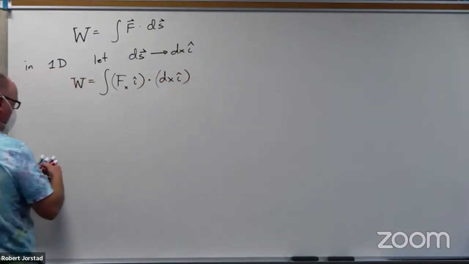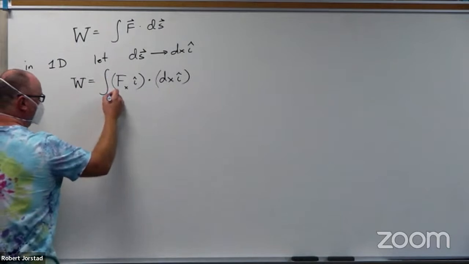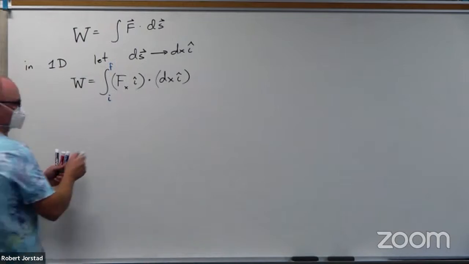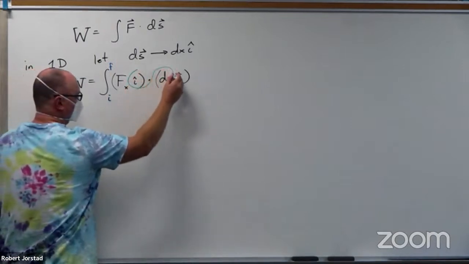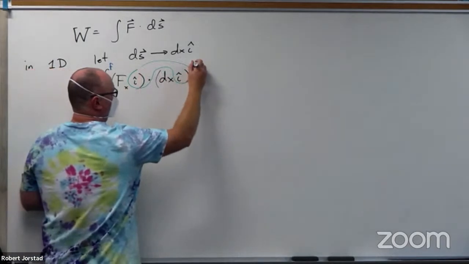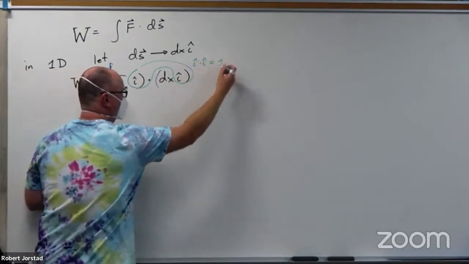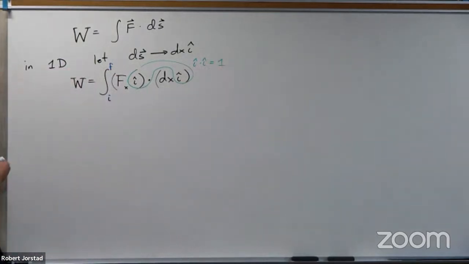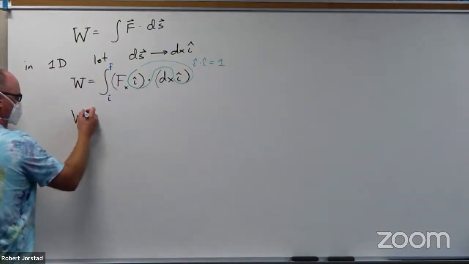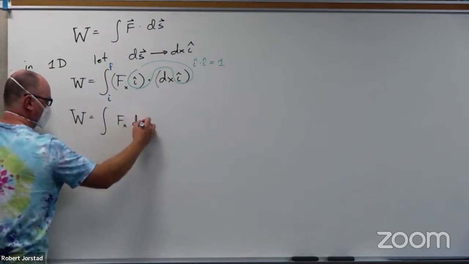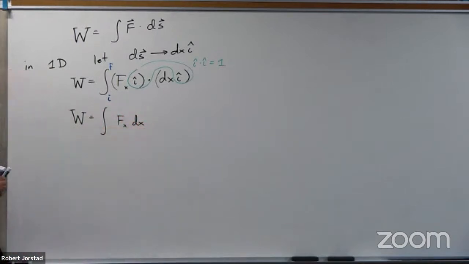Then we're going to go from some initial value to some final value, right? Well, in this case, look at this. i hat dot i hat is equal to 1. Now I get work equals the integral of F sub x dx from initial to final. Great.